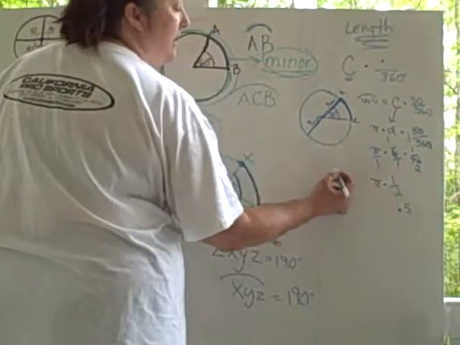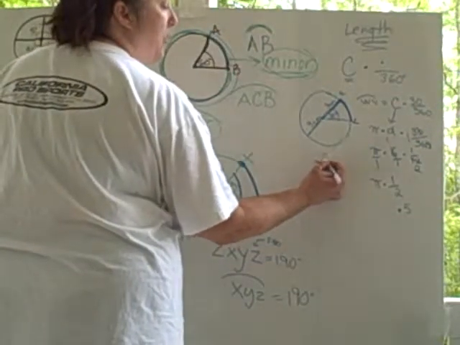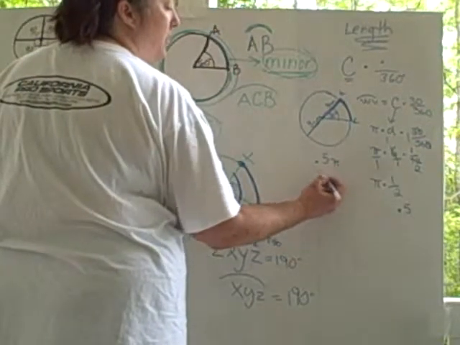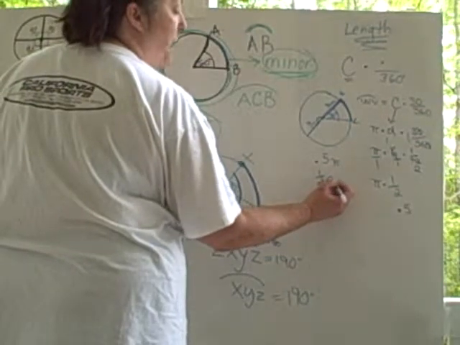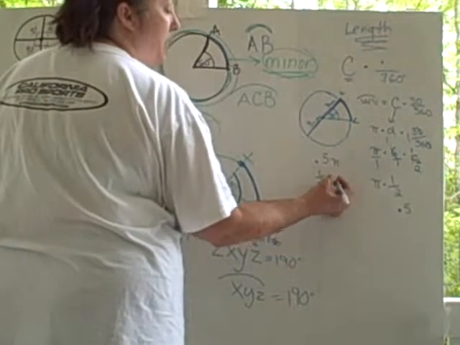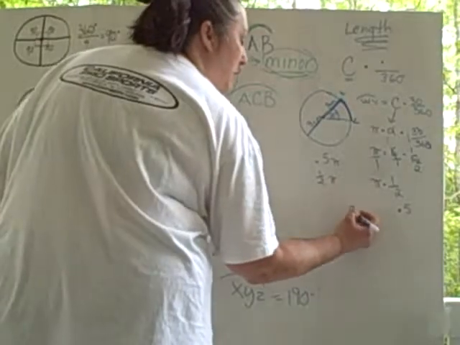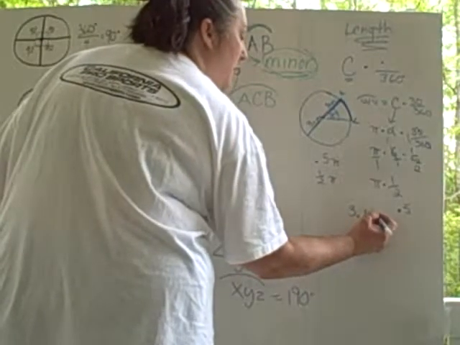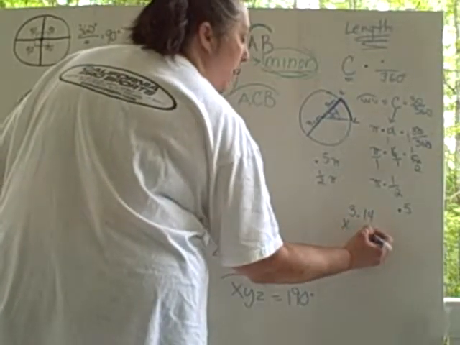If I want to leave it in terms of pi, I could say 0.5 pi, which is the same as 1/2 pi. If I wanted to find the exact answer, I would multiply 3.14 times 0.5.